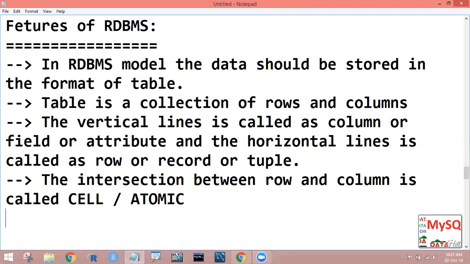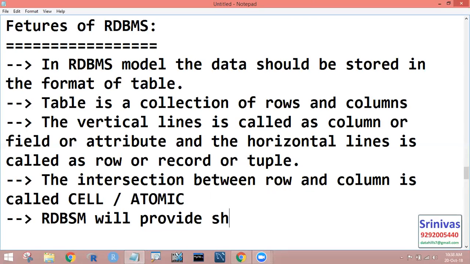Whatever drawbacks we had in the above models, we are not having those drawbacks here. RDBMS is going to provide security, and it is very easy and very fast when compared to the previous models. Now let us observe some more features. RDBMS will provide pure security to the database information.